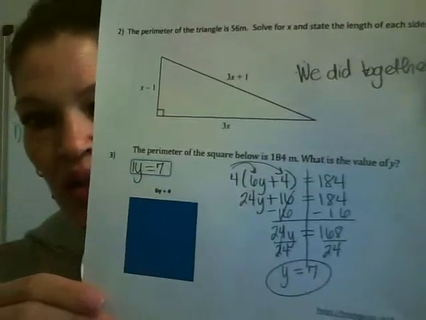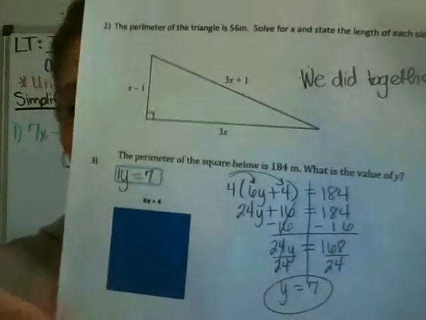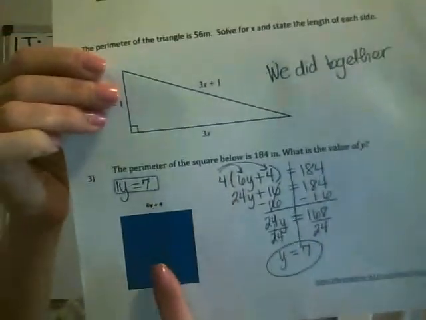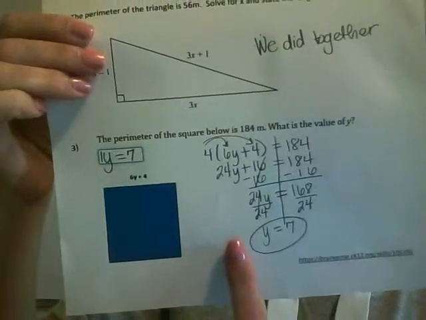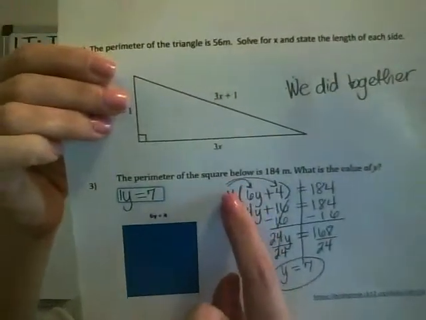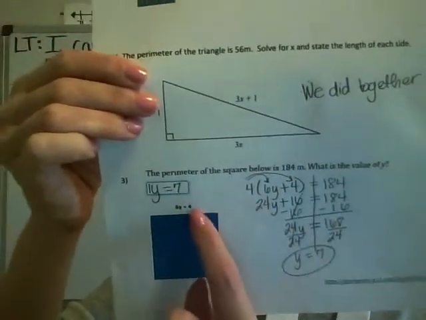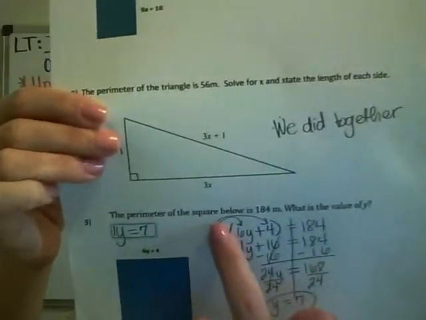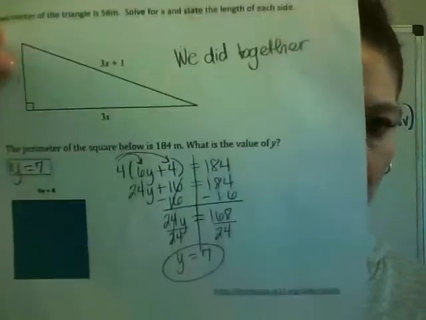Did you get y equals 7? Also notice I distributed by 4 here. That's because we're working with a square. So a square has 4 equal sides. So instead of writing this 4 times and adding it, I just decided to use my distributive property skills.